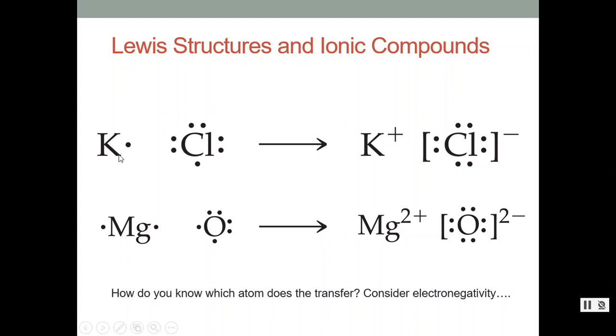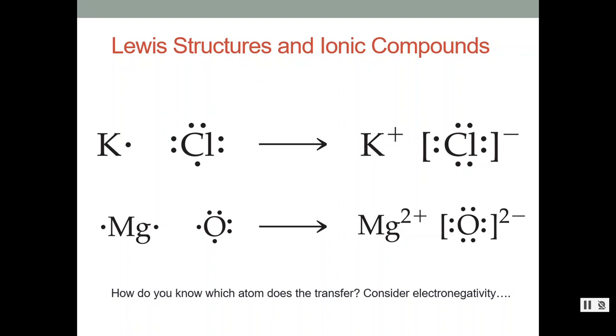Well, now we can kind of see why that 1 valence electron from potassium gets donated to the chlorine. And now I have my positively charged potassium and my negatively charged chloride. So those Lewis dot structures can help predict or explain why we see the kinds of ionic bonding patterns that we do.